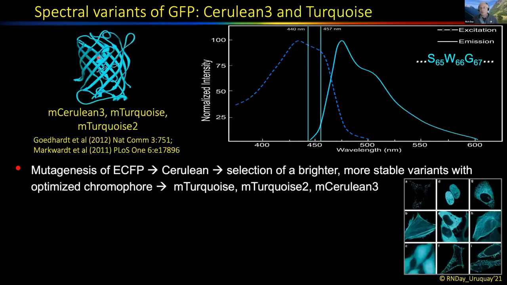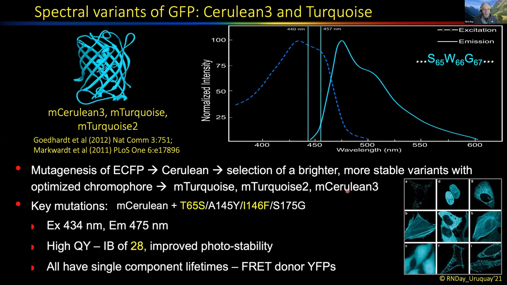The cyan fluorescent proteins that came out of the early mutagenesis screens have been extremely useful for FRET. And so the original eCFP had a number of problems associated with it. So Dave Piston's group did mutagenesis to generate Cerulean, and then a number of other groups have taken Cerulean and gone on to do mutagenesis screens to generate Turquoise, Turquoise2, and Cerulean3.